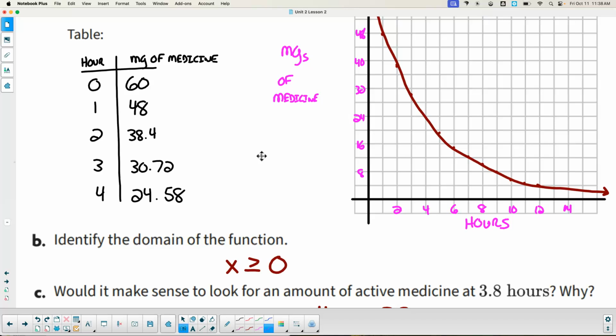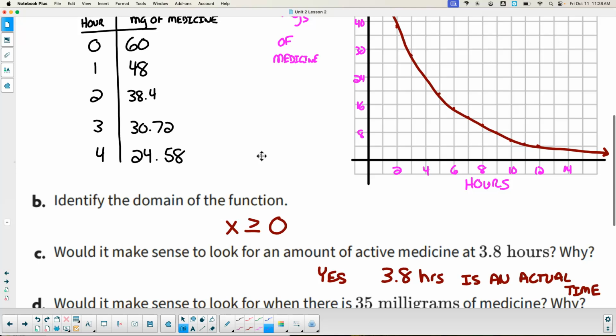Does it make sense to look for the amount of active medicine at 3.8 hours? Yes, it does, because 3.8 hours is an actual time frame that you might have. You give the dog the medicine, 3.8 hours later, you might have to figure out if you can give them another pill, or if you can do something along that.